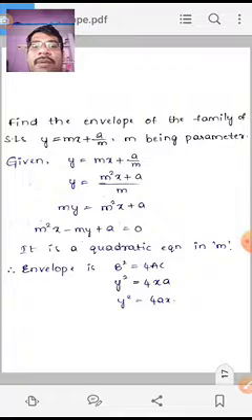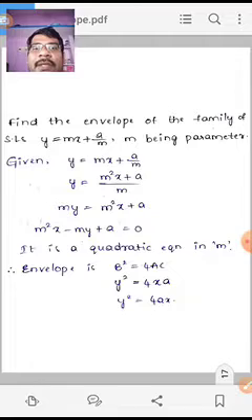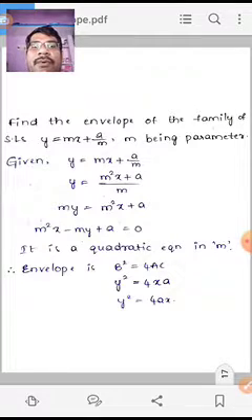The required envelope is b square equal to 4ac. Here b is minus y, a is x, c is a. Substituting, we get y square equal to 4xa, that is, y square equal to 4ax. This is the parabola equation. So for y equal to mx plus a by m, its envelope is y square equal to 4ax.